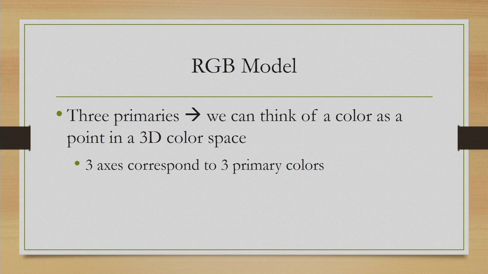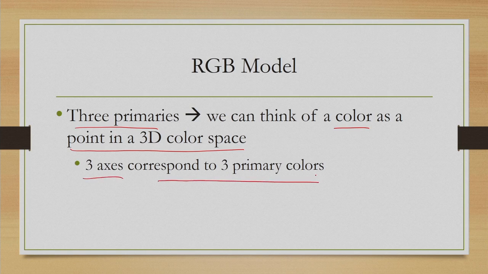And how can we visualize this model? Is there any way to visualize this model? Now, remember that there are three primaries. Thus, we can think of a color as a point in a 3D color space. The three axes correspond to the three primary colors.